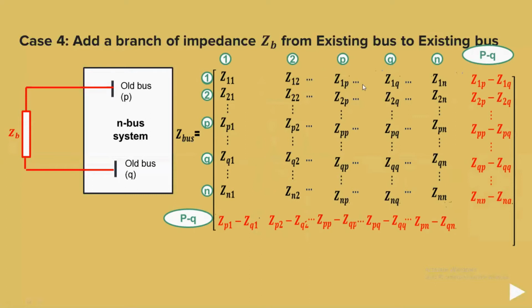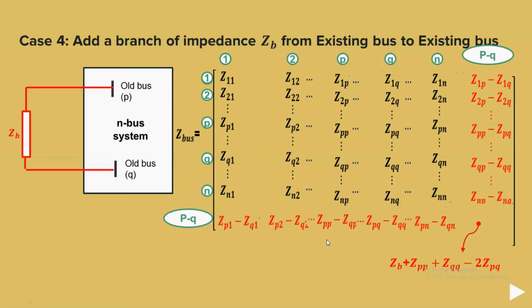So subtract these two column elements, and you get the new column. Similarly, the new row element is equal to the pth row element minus the qth row element. Then what about the diagonal value? The diagonal value is equal to the branch impedance plus ZPP plus ZQQ minus 2 times ZPQ.